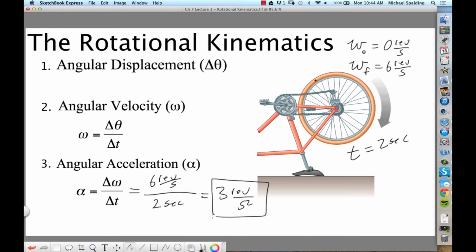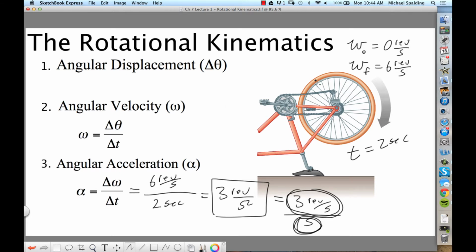Now what the heck is a revolution per second squared? Well, all that means is 3 revolutions per second every second. Every second, the bicycle wheel is spinning 3 revolutions per second faster. That's all it means. Revolution per second squared.